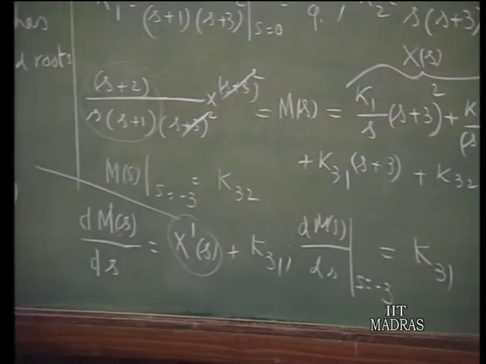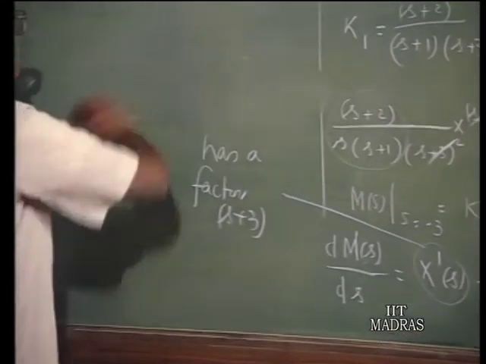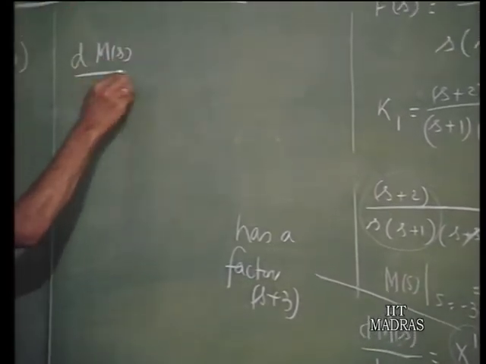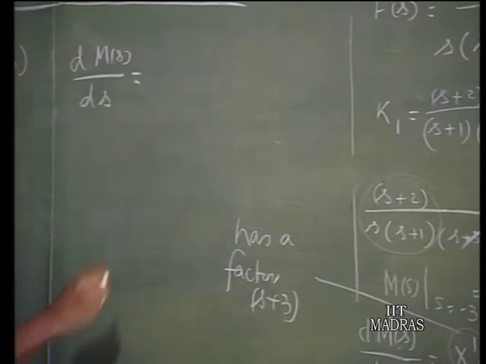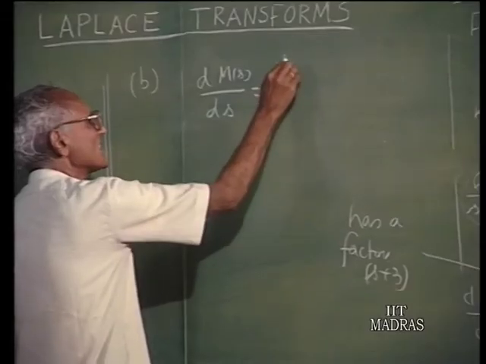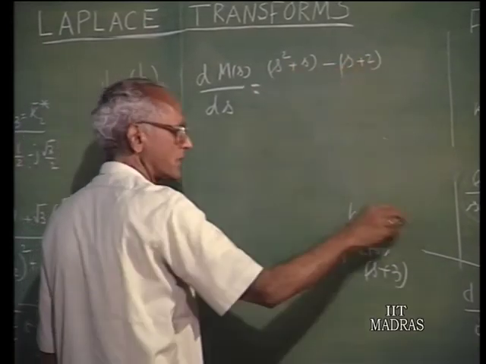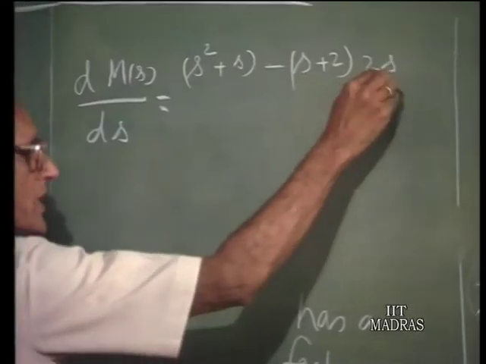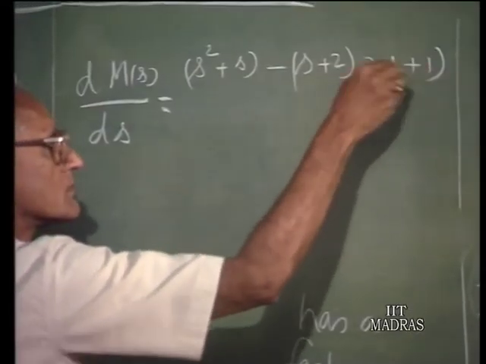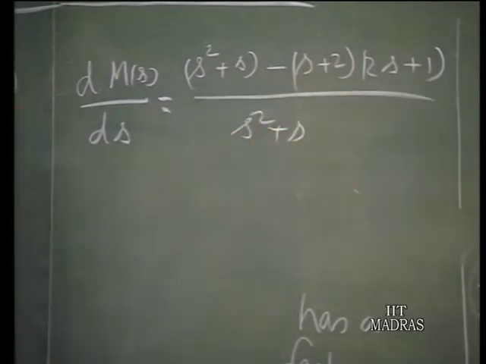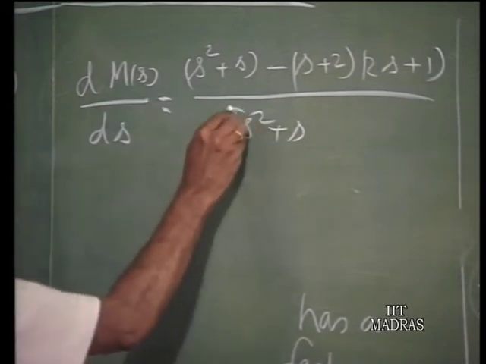So, if you calculate that, you have derivative of m of s with respect to s equals derivative of this: s squared plus s times 1 minus s plus 2 times s squared plus s, that is 2s plus 1, divided by s squared plus s whole squared, that is right.